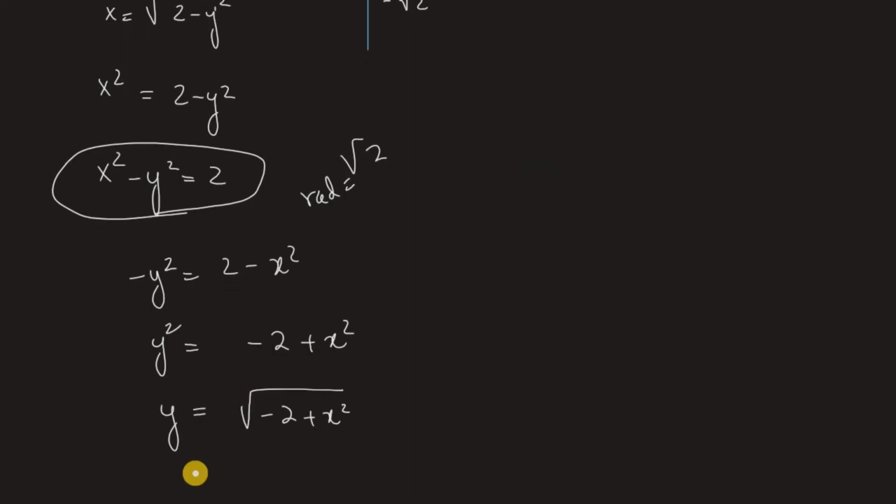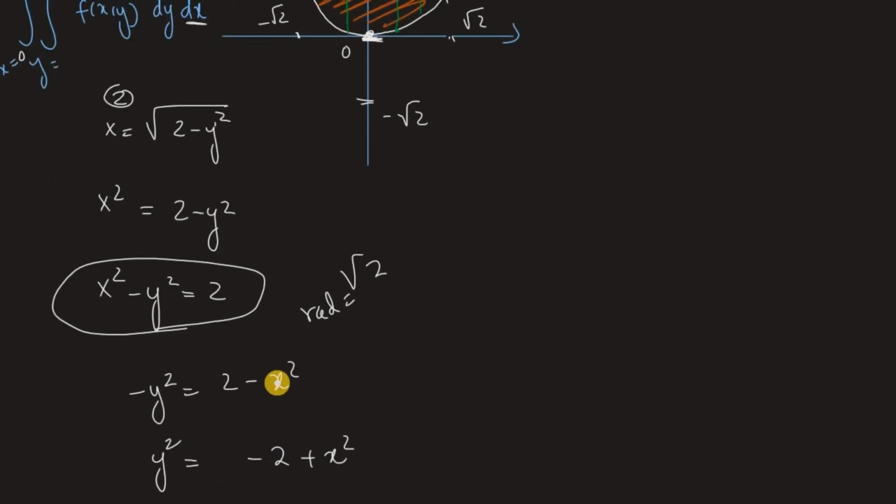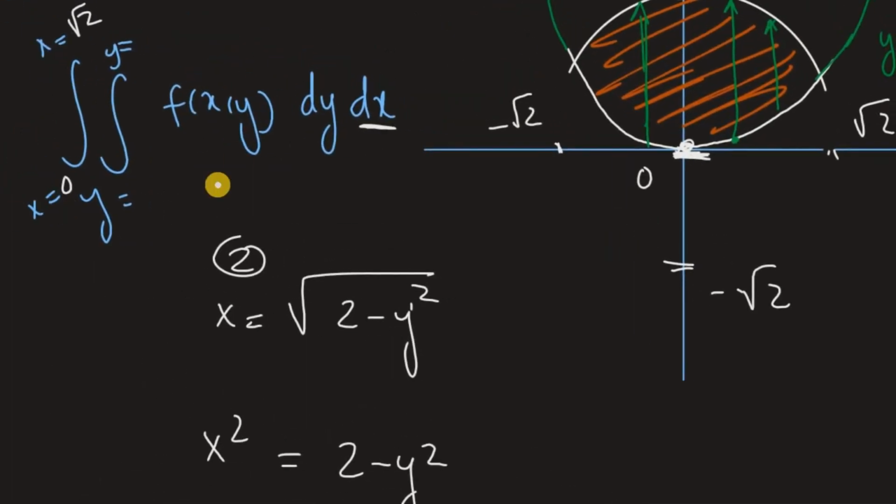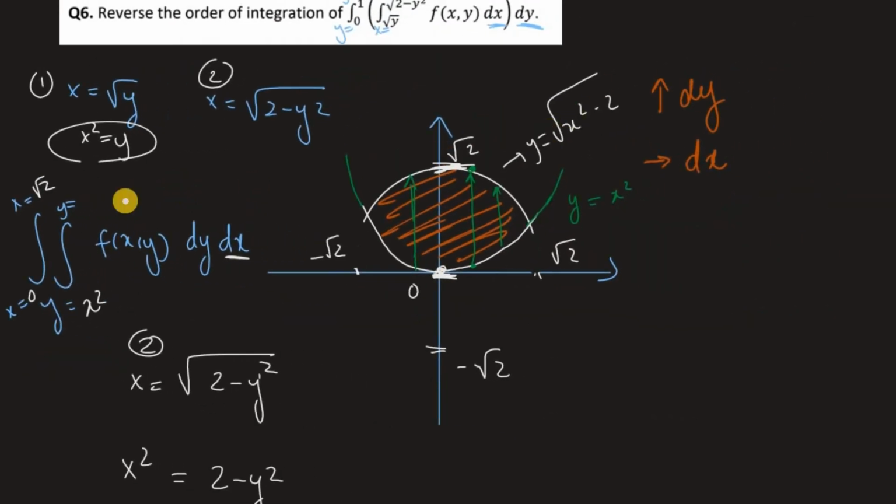To make it look a little better, let's move the x. Now it looks better: square root of x squared minus 2. So we got our second equation. This is our lower bound, and this upper bound is this equation. So we got our lower bound as x squared and our upper bound as the square root of x squared minus 2.